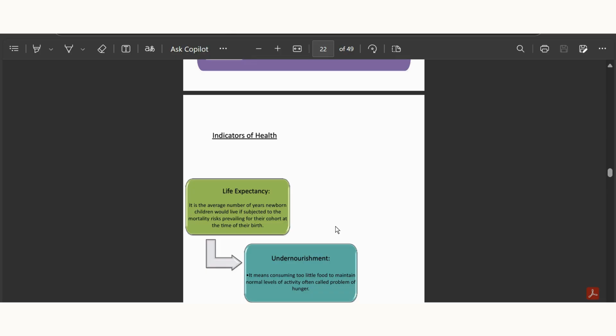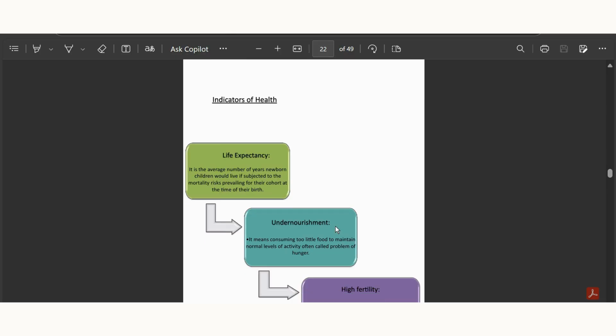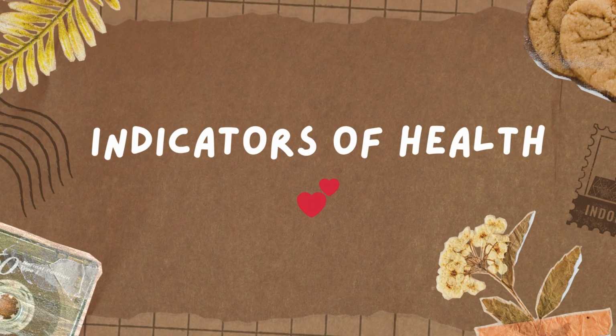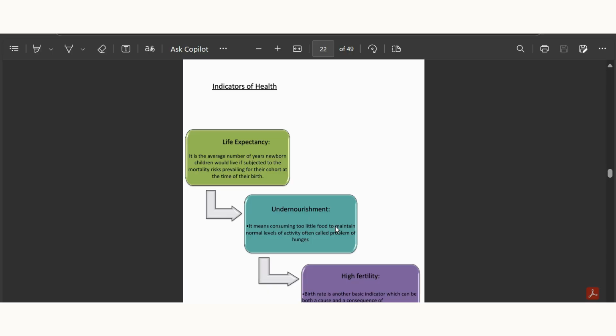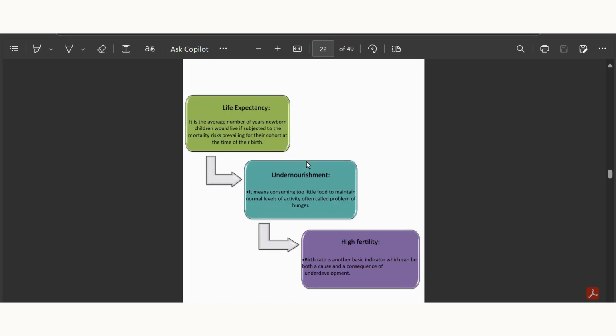Now we will talk about indicators of health. In these indicators, we will talk about life expectancy, undernourishment, and high fertility. First, life expectancy. It is the average number of years newborn children would live if subjected to mortality risk prevailing for their cohort at the time of their birth.